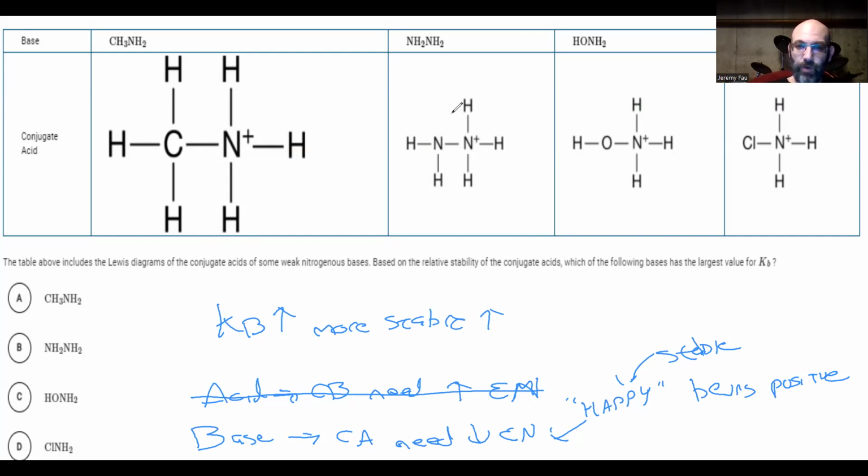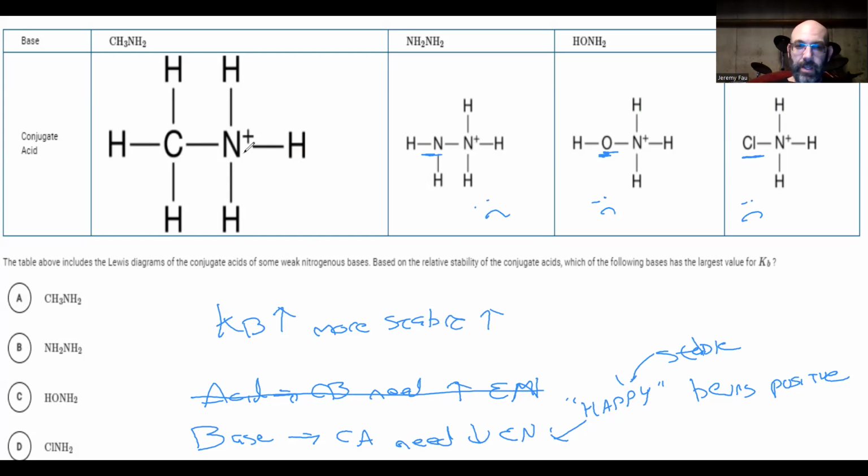So if we look at these 4 things, we got our friends, they all have an N, but let's look at who the N's attached to. We got a Cl, we got an O, and then we got another N, all right? These are highly electronegative elements. That means these things are not happy being positive, right?